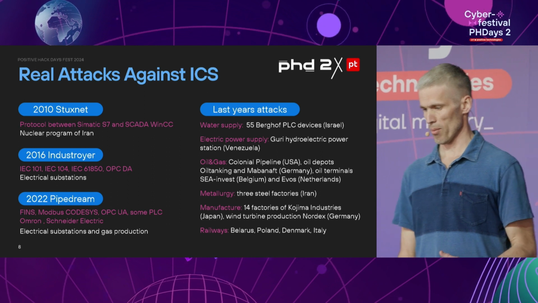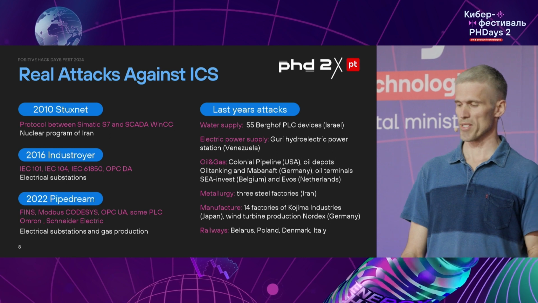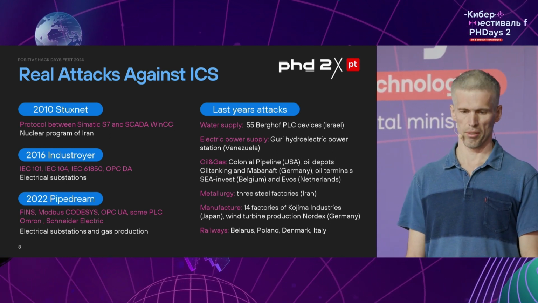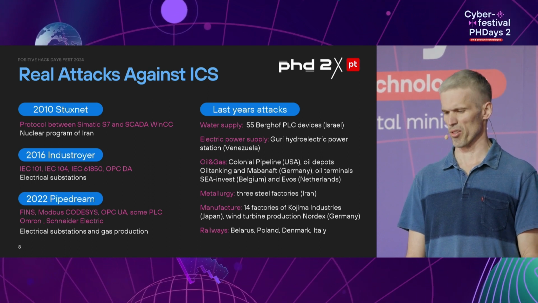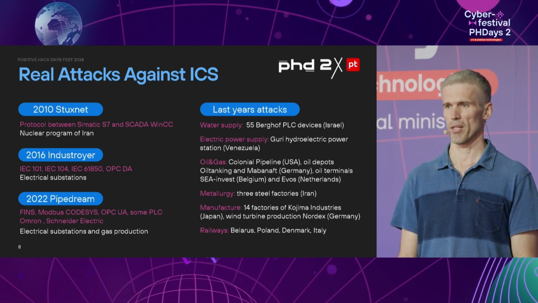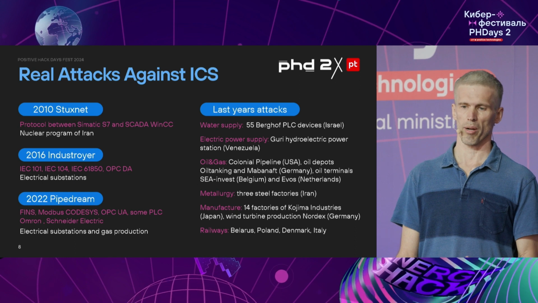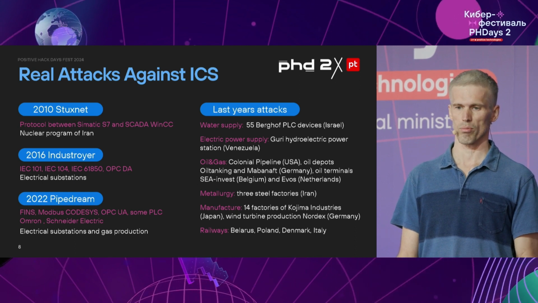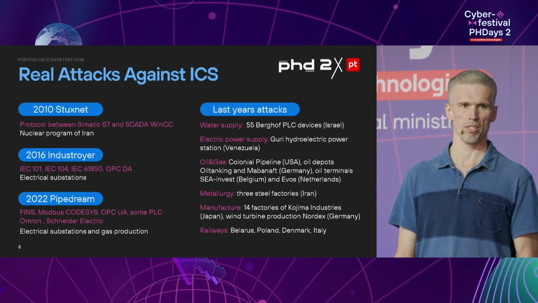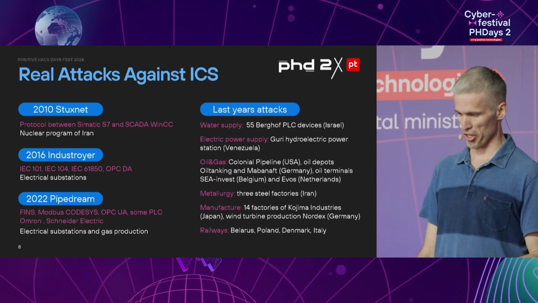But of course, there may be other worms that might be targeting proprietary protocols, and it's best if we are familiar with them before they attack. On the left, you can see some of the best known attacks from recent years. We can see that they affect not just the industrial sector, but virtually everything that happens in our lives.